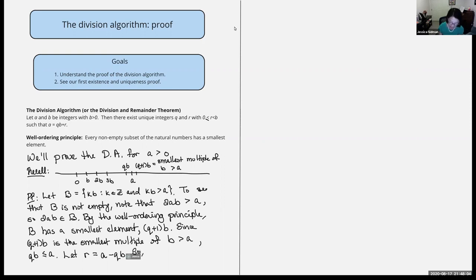And if I've done that, then if I rearrange that equation, I can see that A is equal to QB plus R.